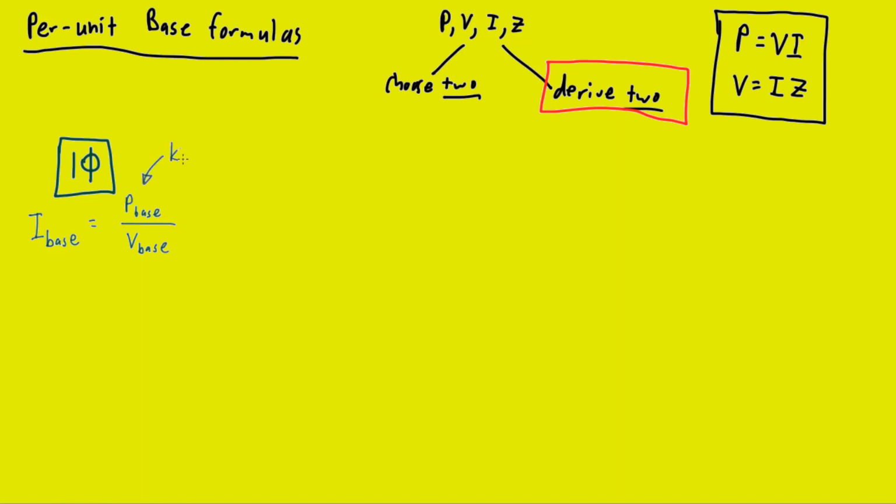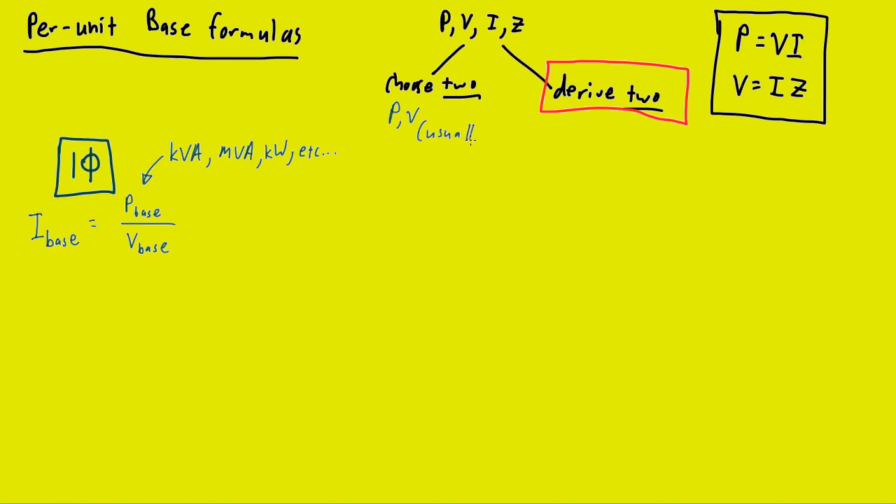Now, we had said in our previous video that usually power and voltage are the given bases. They're the ones that you pick or that have been picked for you, and you're left to derive current and impedance after that. So that's sort of the idea behind the way this formula is written here. If you have your power and your voltage as a given, you're using those to derive your base current.